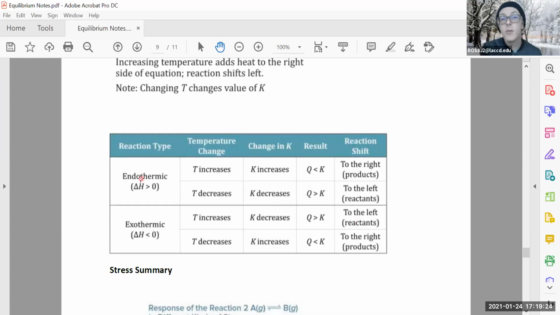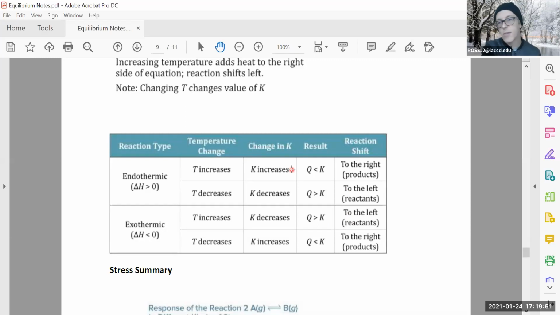Conversely, if you have an endothermic process, then heat is a reactant, so the products are cold. If you increase the temperature of an endothermic process, the products are cold, so you will stress the left side, so you'll shift right again, because you'll move away from the stress.